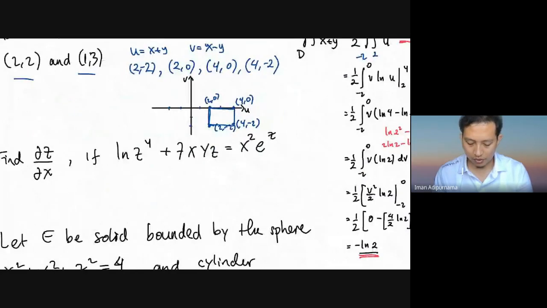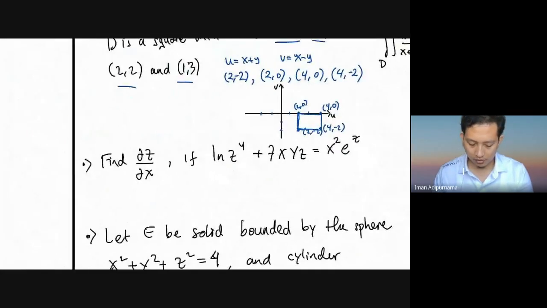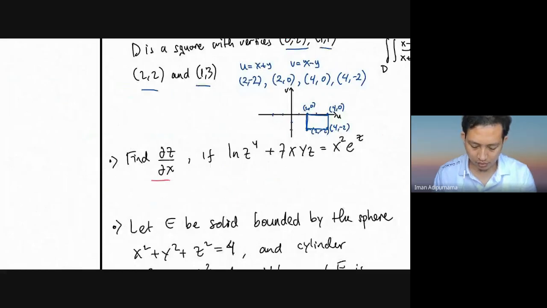The second question is you need to find this dou z dou x. And how are you going to do that?